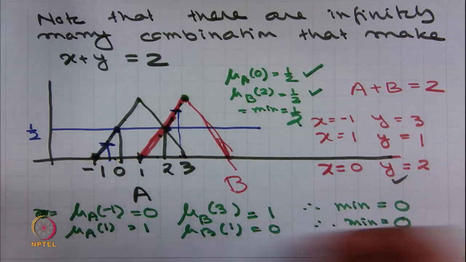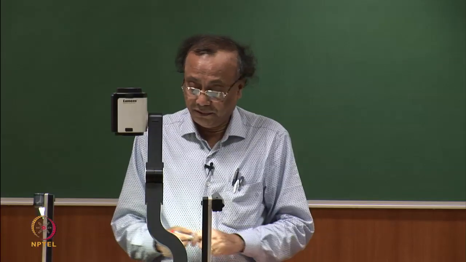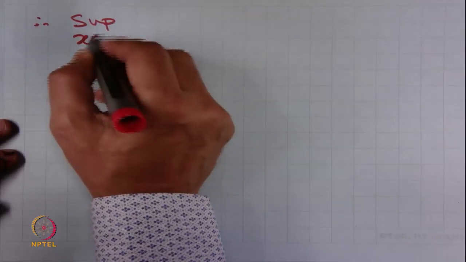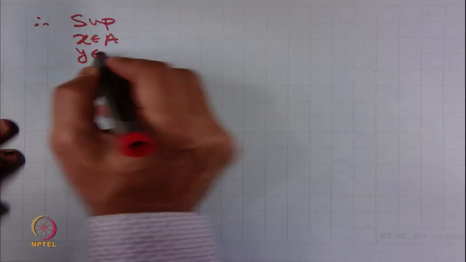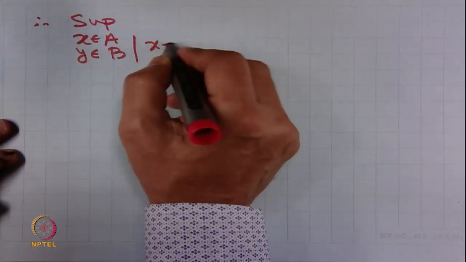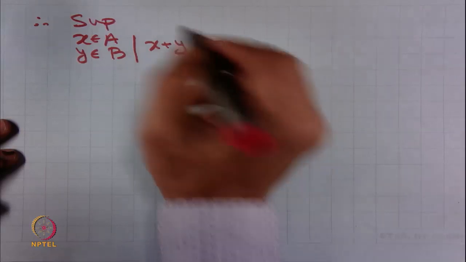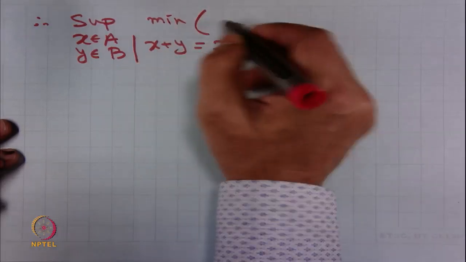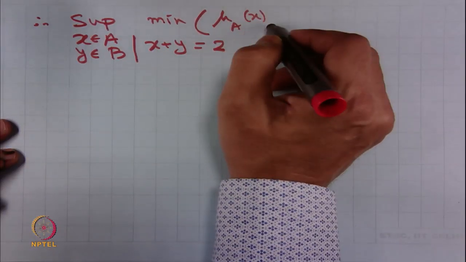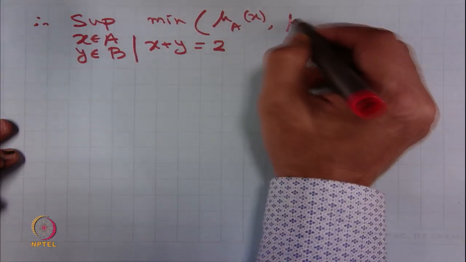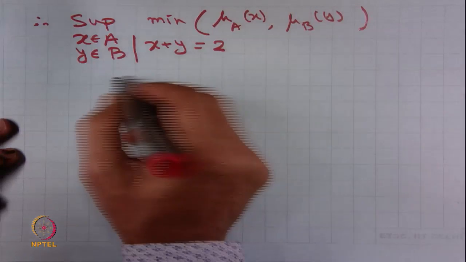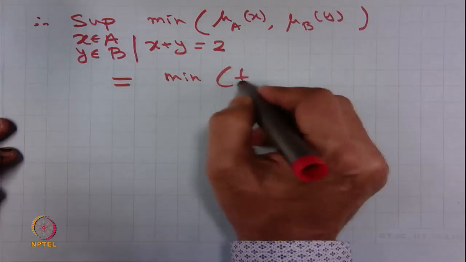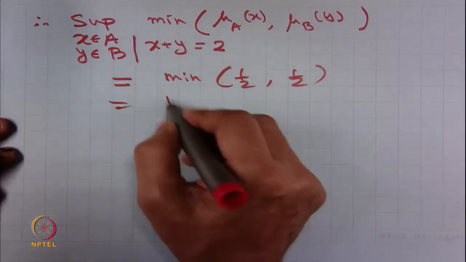Therefore, we can see the maximum possible value, or say the supremum over x belonging to A and y belonging to B such that x plus y is equal to 2, of the minimum of mu A of x and mu B of y, and that value is coming out to be the minimum of half and half, which is equal to half.